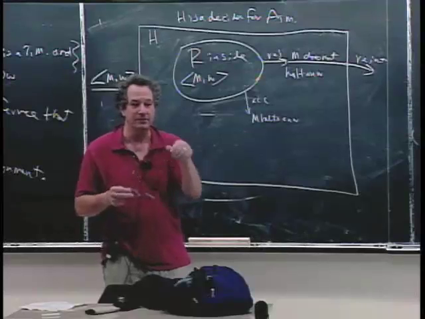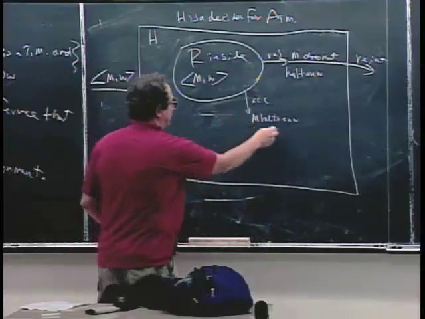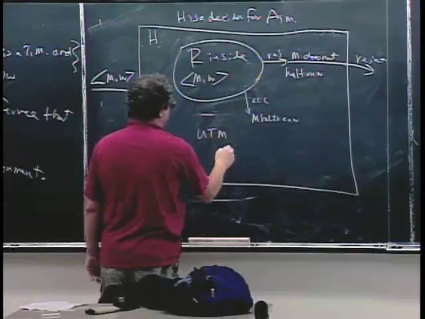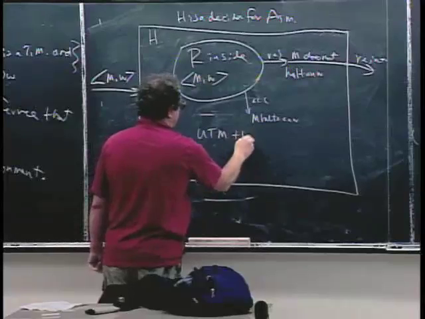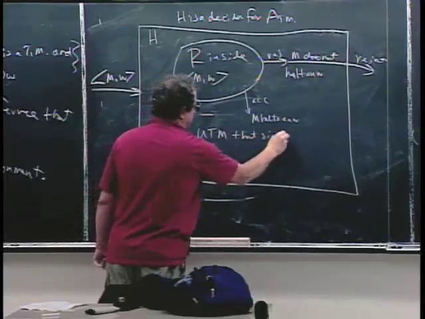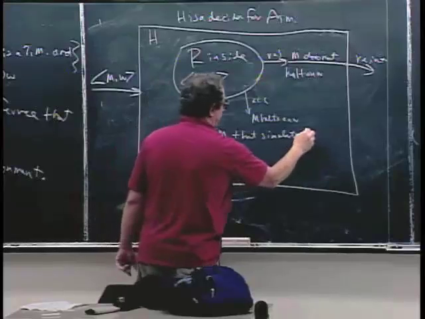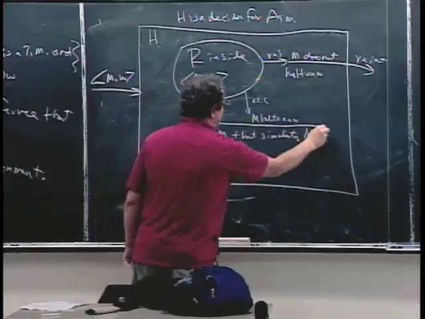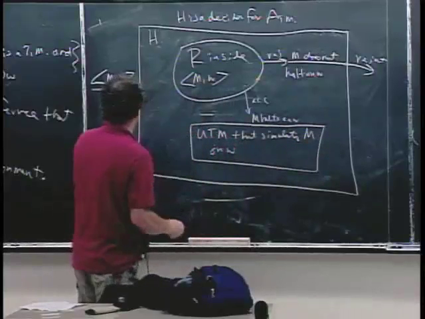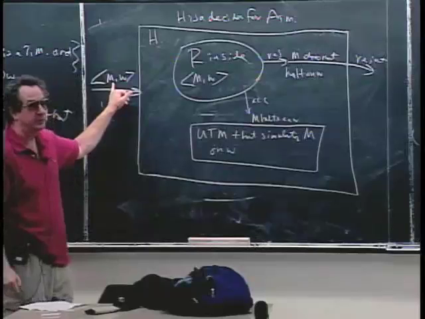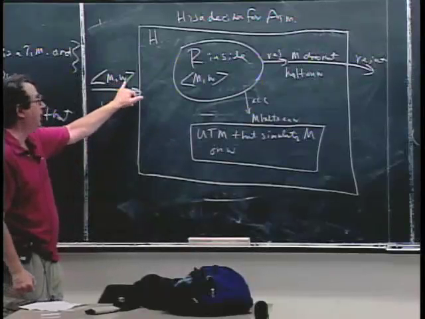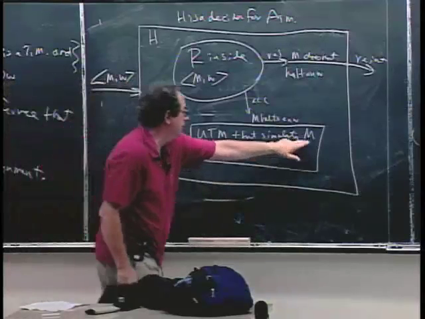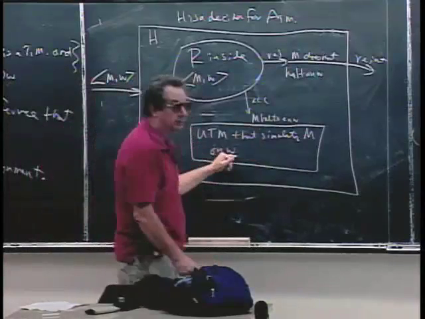Okay, so when this happens, then inside H, we could have a universal Turing machine that simulates M on W. Remember, universal Turing machines can take in a description of some other Turing machine and input to that Turing machine, and simulate that Turing machine on that particular input.